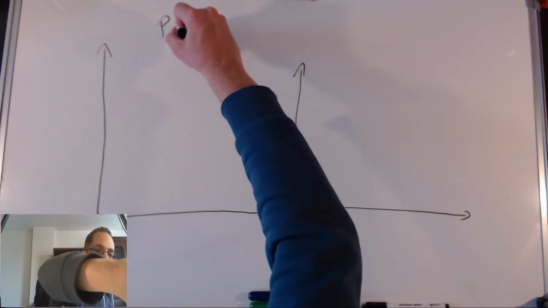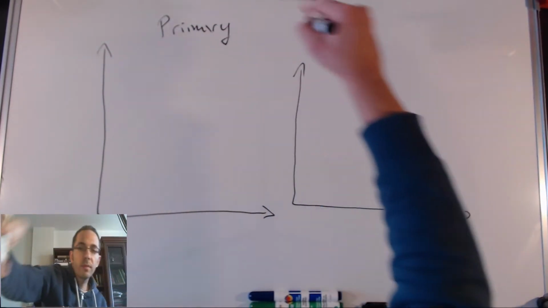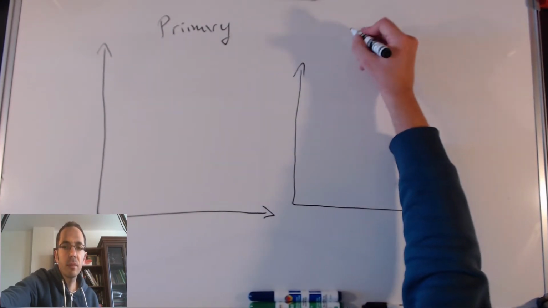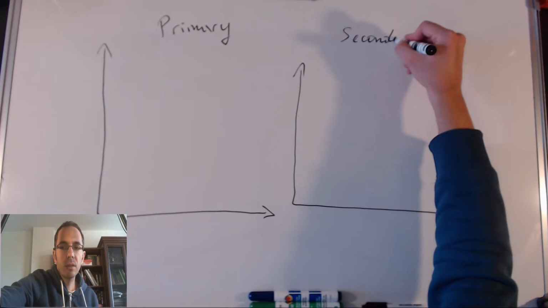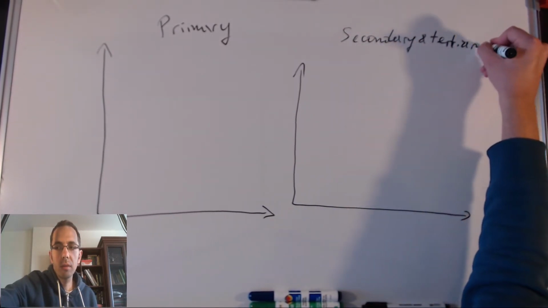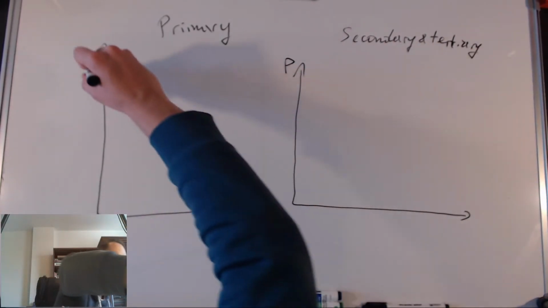So over here we have primary, and this would be secondary and tertiary price.